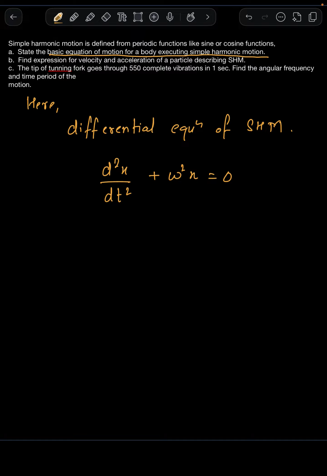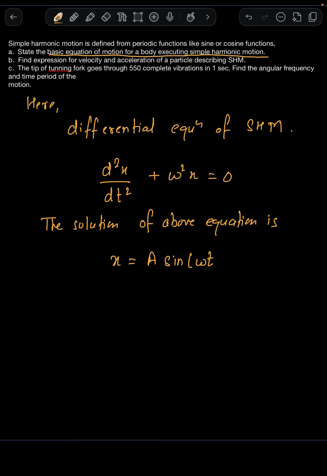And the solution of this above equation is x is equal to some constant a sine omega t plus phase. So this is the equation for displacement of the particle in simple harmonic motion. The second question is find expression for velocity and acceleration of the particle.